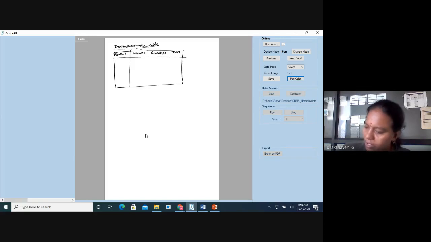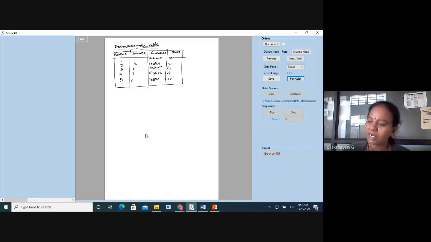Then we can see here the values we were having: this was science, this was maths, this was science, this was physics, this was maths, and prices 30, 35. So this we were having.